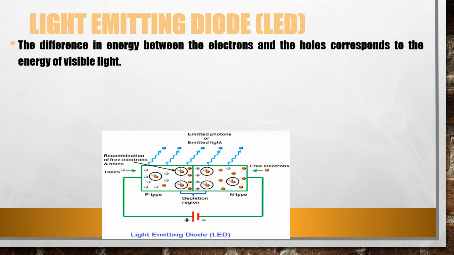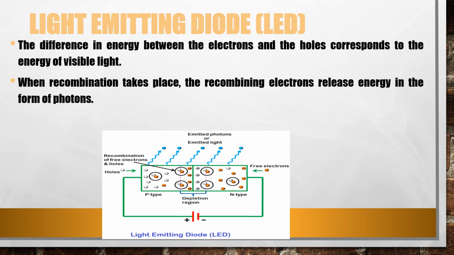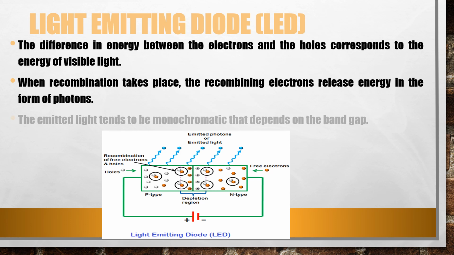When recombination takes place, the recombining electrons release energy in the form of photons. The emitted light tends to be monochromatic, meaning one color, that depends on the band gap and some other factors.